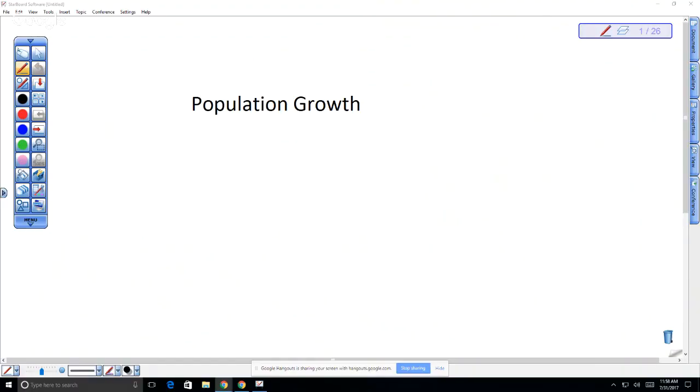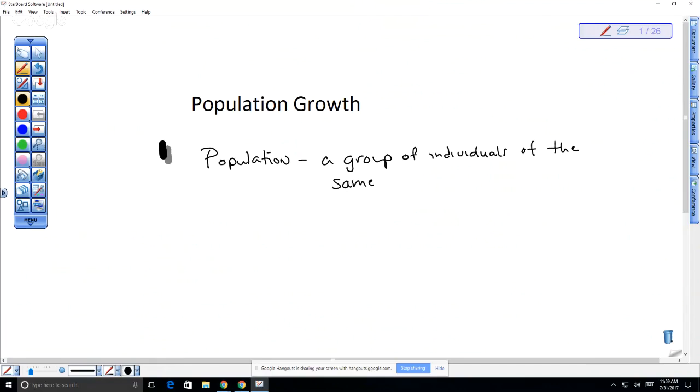So today in global ecology and conservation biology, we're going to be talking about population growth. And it's important to realize that a population has a definition, and this is a group of individuals of the same species that can potentially reproduce.